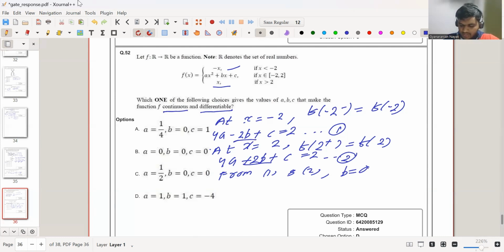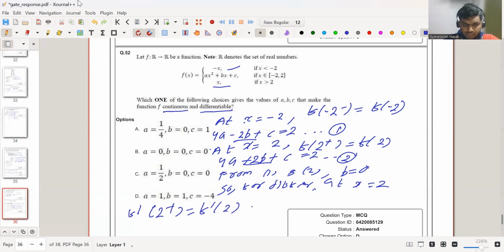Also, as f of x is differentiable over its domain, for differentiability at x equal to 2, f dash 2 plus equal to f dash 2 minus. This implies 4a plus b equal to 1.